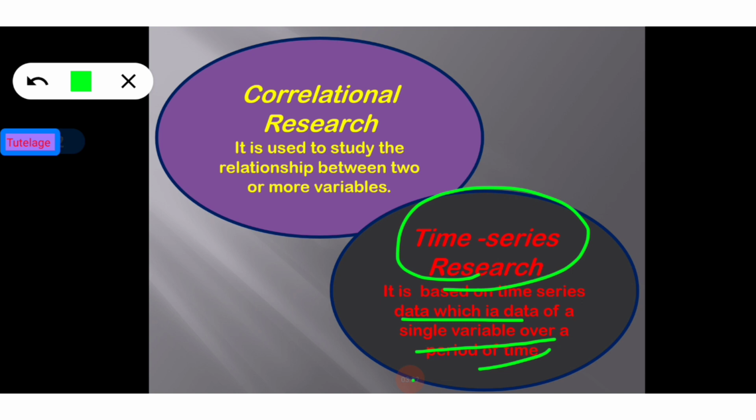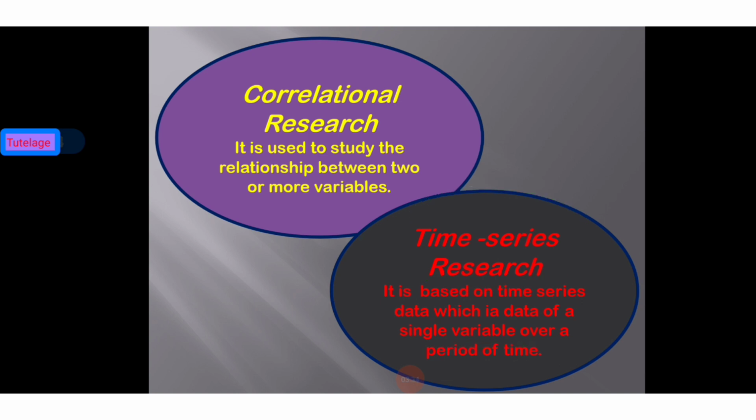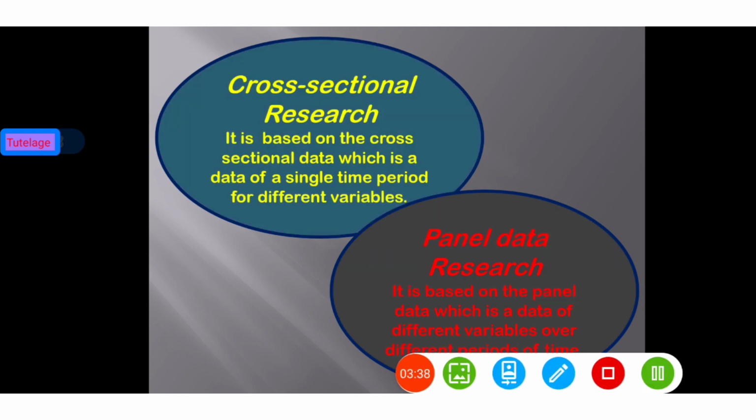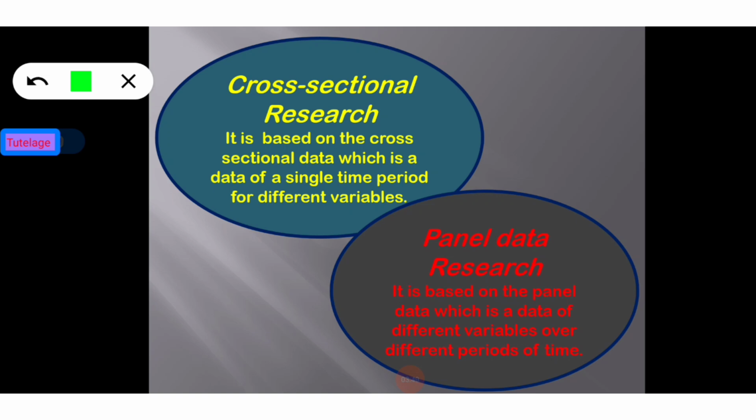So now going to the next research type, that is cross sectional research and panel data research. At first we have to know what is cross sectional research and panel data research, and after that we have to know the difference between time series, cross sectional and panel data research. Cross sectional research is based on cross sectional data, which is data of a single time period for different variables.